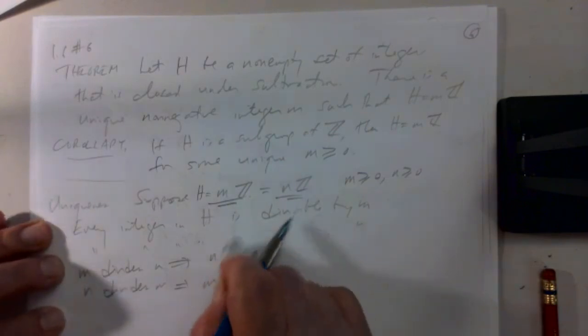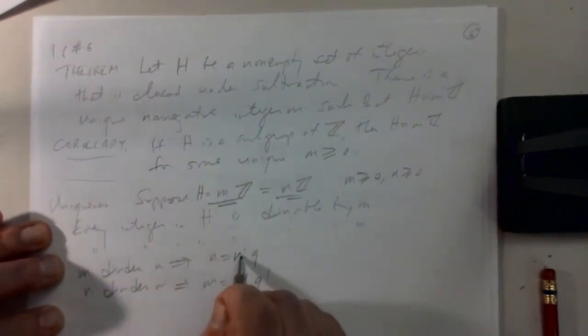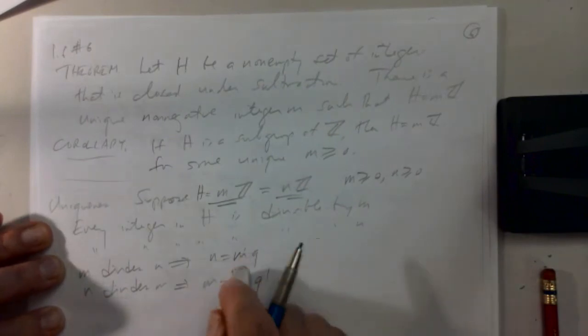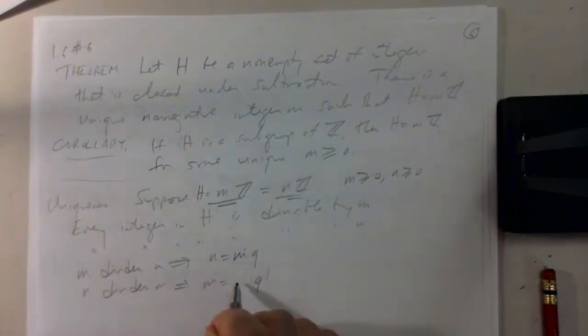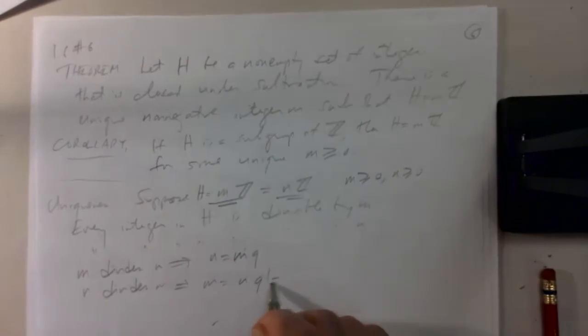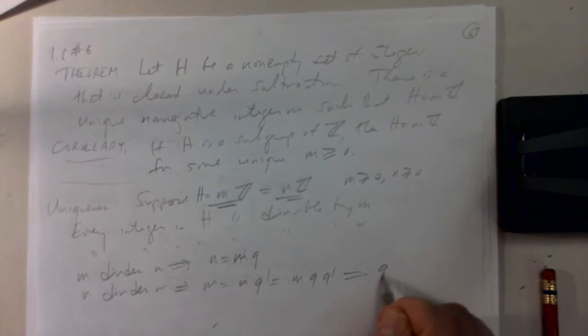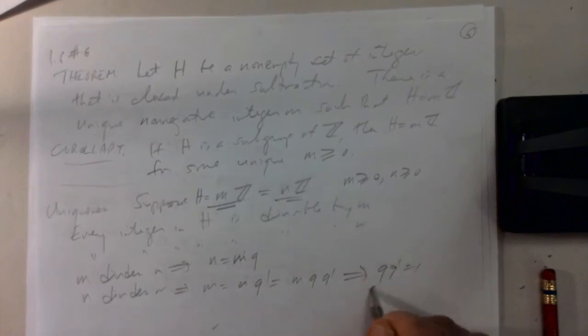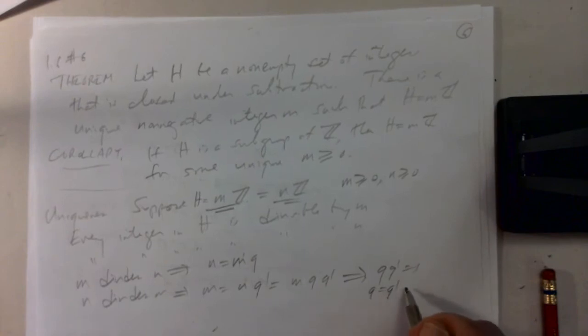Sorry, m divides n means n is m times q, and n divides m means m is n times q, which means plug this in here. This is m, q, q prime. So the m's cancel, q, q prime equals 1. So q equals q prime equals plus or minus 1.